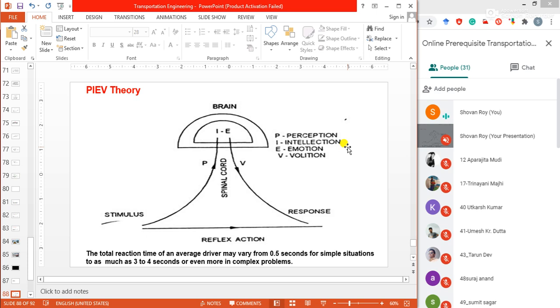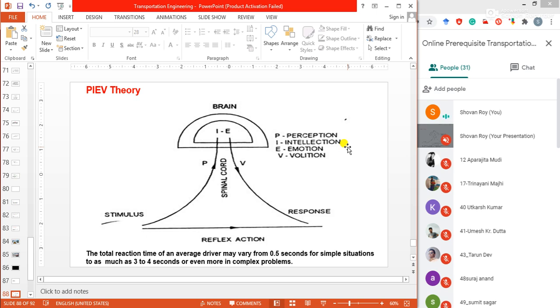Volition time is the time taken for the final action. Volition is normally the final action. What is the decision the brain gives? I should apply the brake, or I should apply the brake lightly, or I should leave it, no problem, the obstruction is nothing.